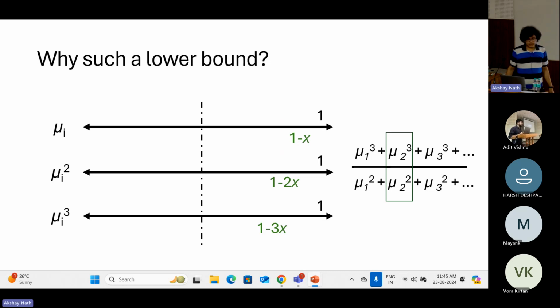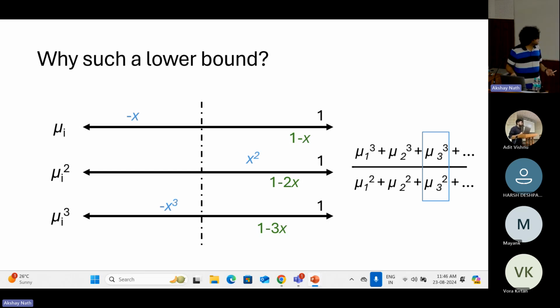Now, let me give you a bad case where the eigenvalue is negative. What happens then? So in the denominator, you have a positive term. You're losing something in the numerator, which is bad. You're eating away at things. You want a lower bound and you're eating away at things.